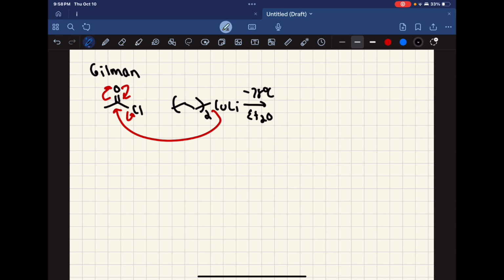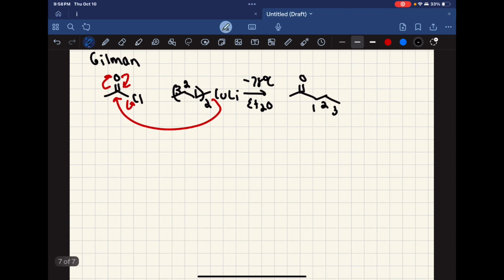It was always in an aprotic solvent such as ether or THF, and we were able to sufficiently form a ketone. So this is a 1, 2, 3 fragment from the Gilman. So that's a review. Now we're going to show Gilman reagents can also attack into alpha beta unsaturated compounds, specifically at the beta position. This is a Gilman Michael addition variant.